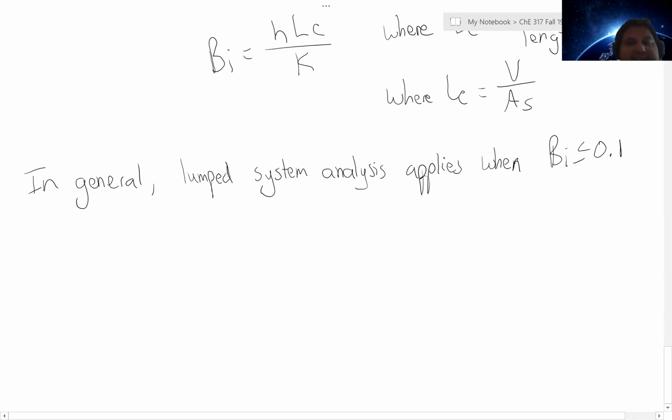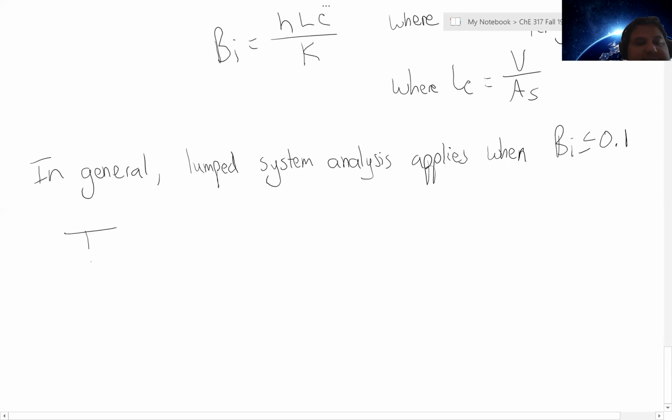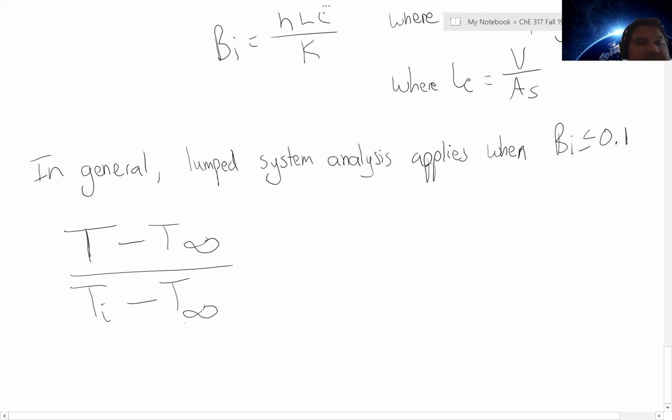And so for a given system, we can identify the temperature and temperature profile as the following expression: T of our system minus T infinity, or the ambient or surrounding temperature, divided by the initial temperature minus the ambient or surrounding temperature, equals e to the negative heat transfer coefficient times surface area divided by our density times our heat capacity times our volume, times time.